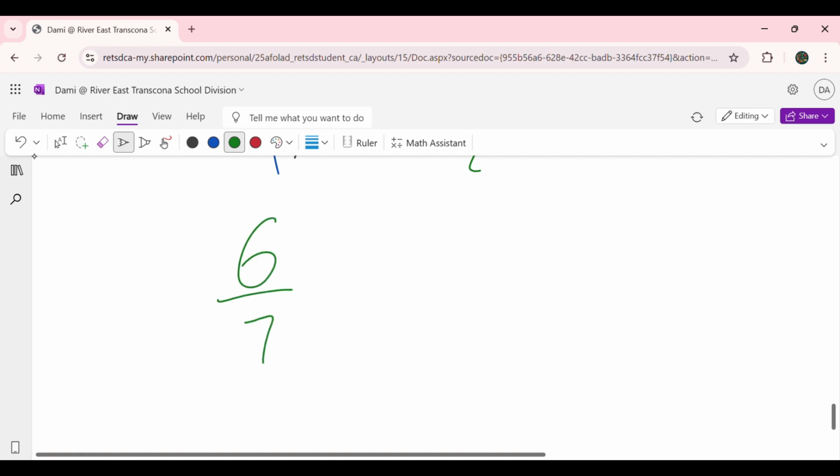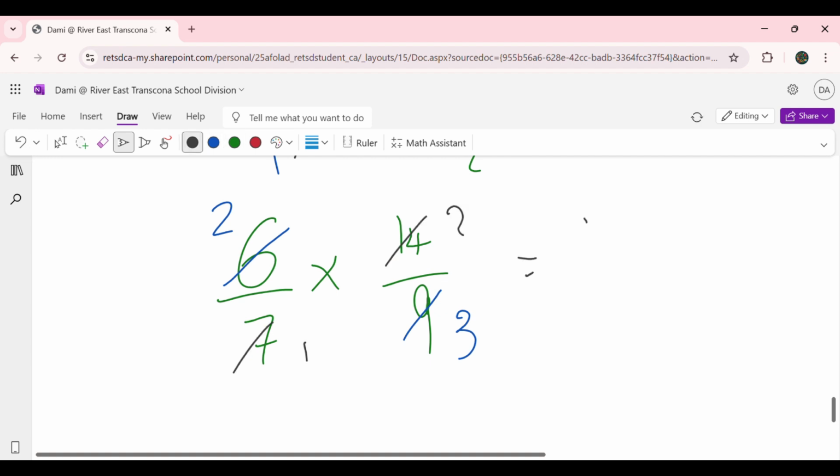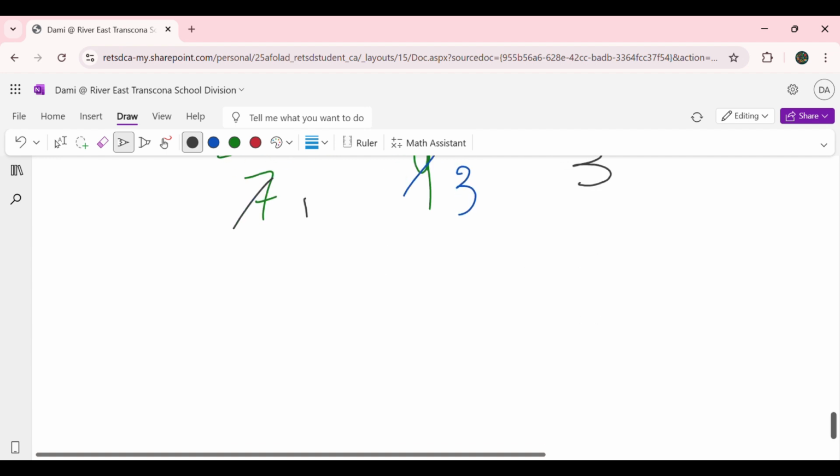Let's try another one. 6/7 times 14/9. Across 2, 3. Across 1, 2. Your answer is 4/3.